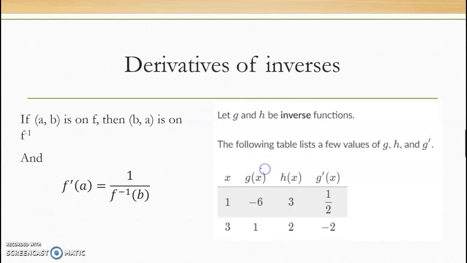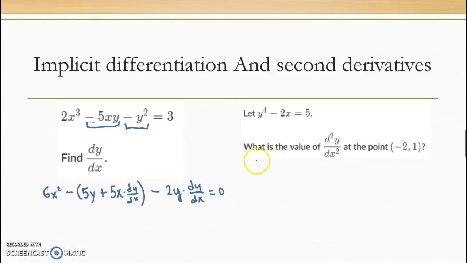I would say 4y to the third power times dy dx minus 2 equals 0. I would solve for dy dx, so I have dy dx equals 2 over 4y cubed. I would reduce as much as I can, so I would make this a 1/2.